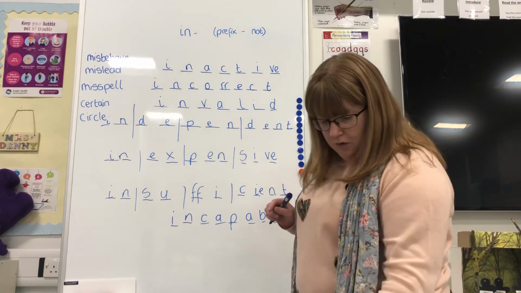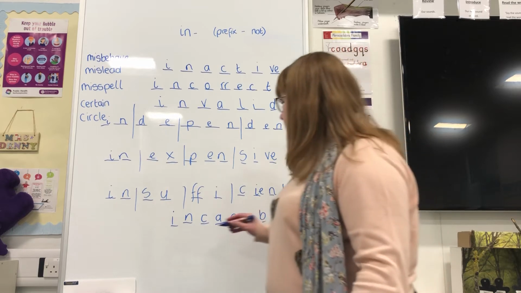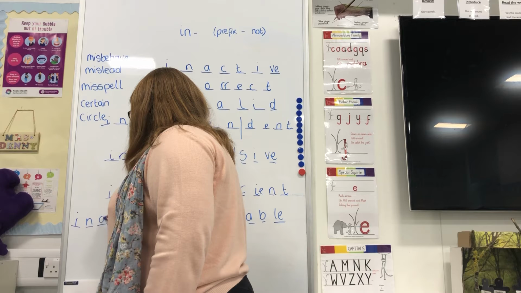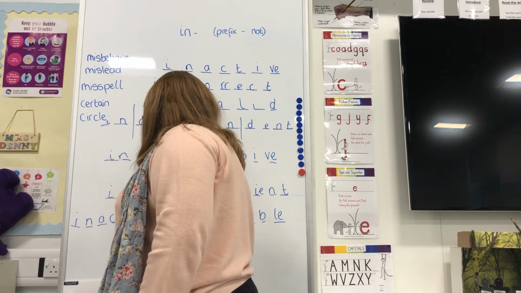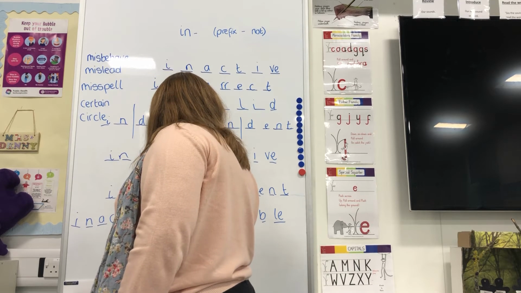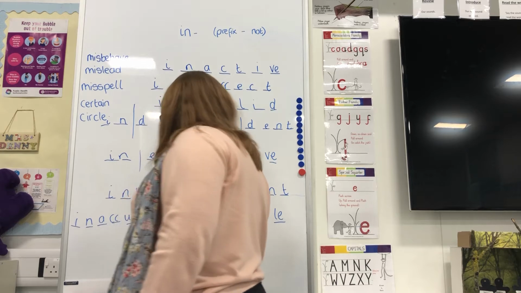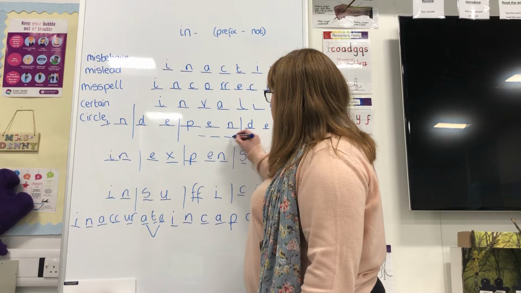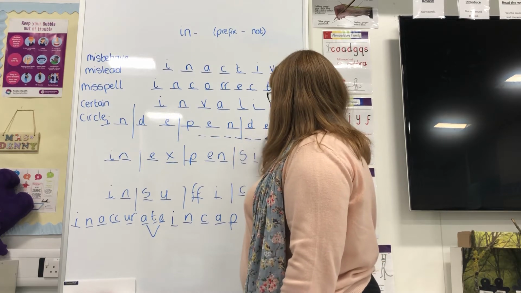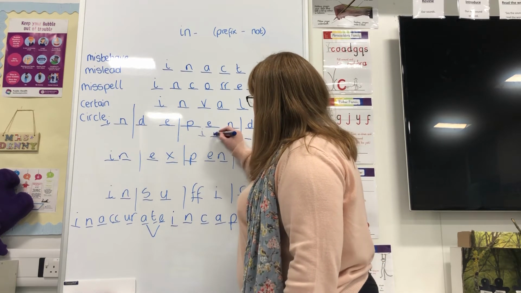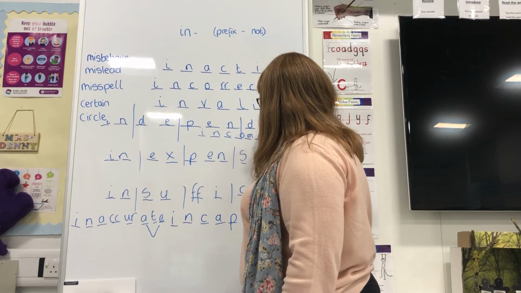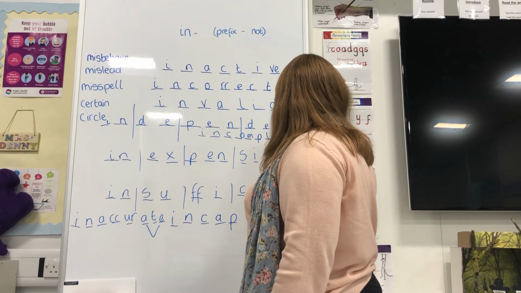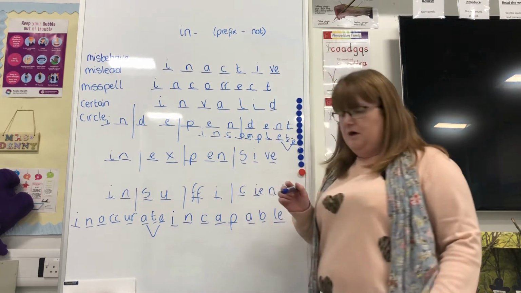Then the next one we've got is inaccurate. So we've got I, N, A, C, C, U, R, A, T, E, split spelling. Inaccurate. And then the last one is incomplete. I, N, C, O, M, P, L, E, T, E. Okay, so there they are for you.